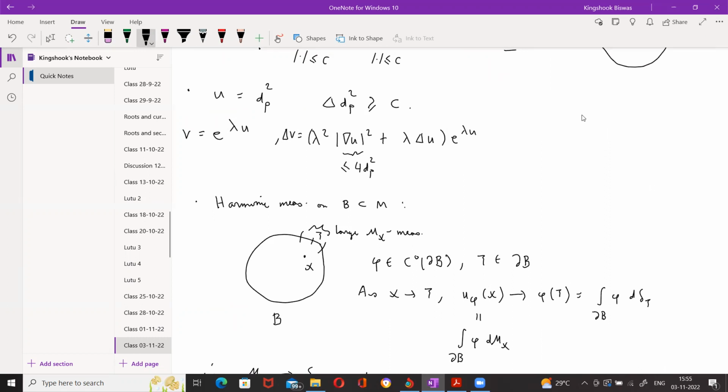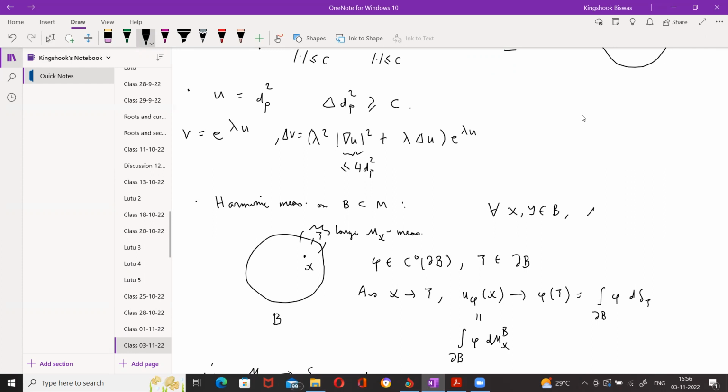So what we will show is that these measures, let me call them mu x b, for the finite ball, for all x, y, and b, these measures are mutually absolutely continuous.